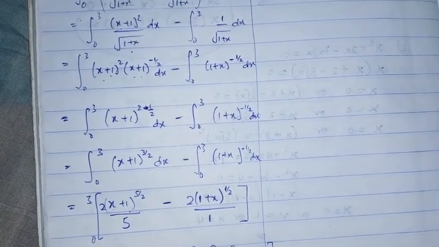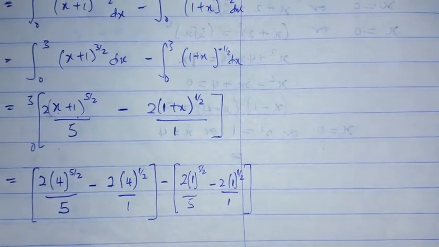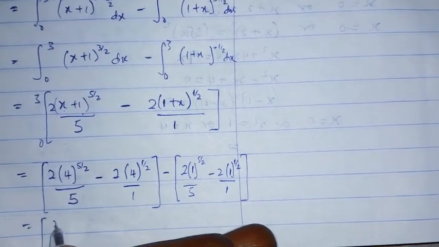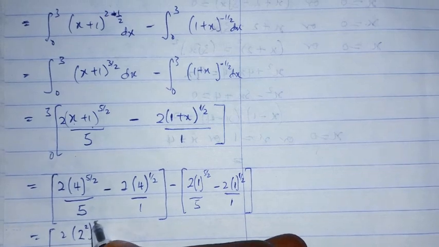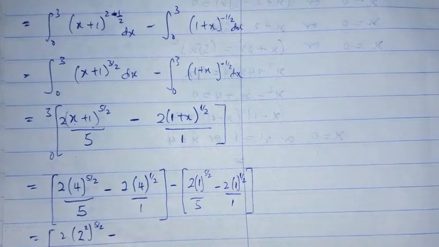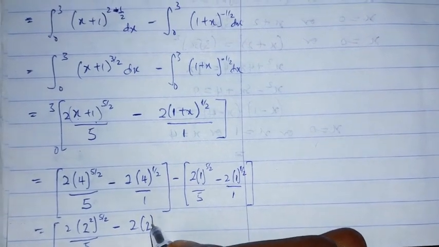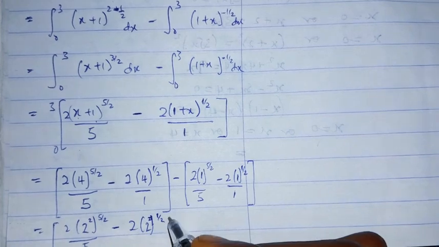Okay, so from here, what do I then do? This becomes 2 into 2 raised to power 5 over 2. I'm trying to perform law of indices here. Then minus 2 into 2 raised to power 1 over 2.